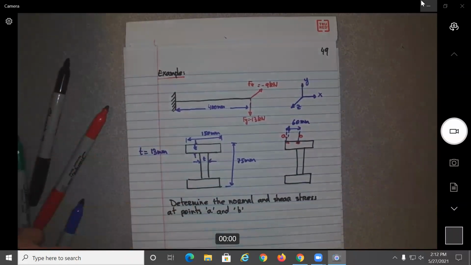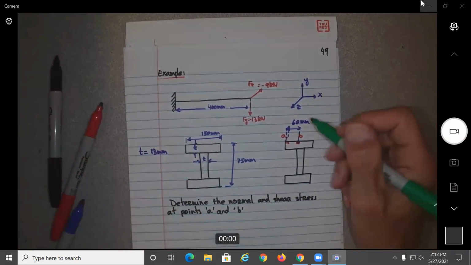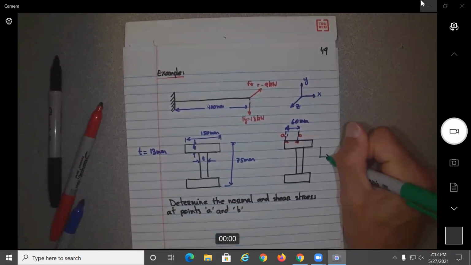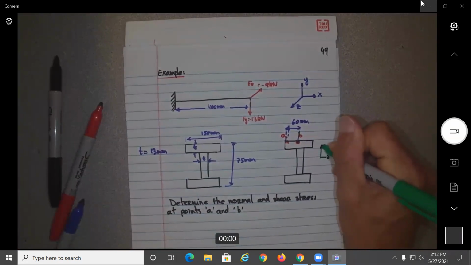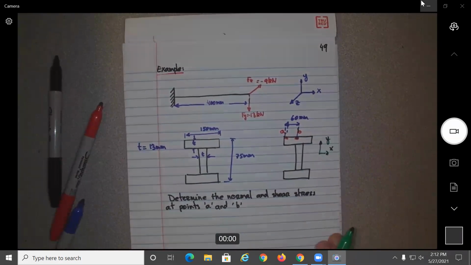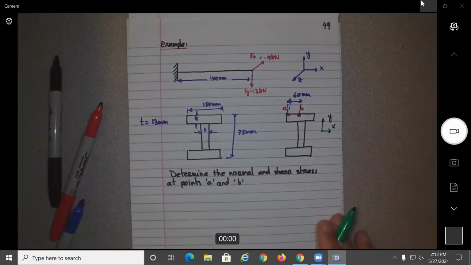And let's see, if we want to be accurate, what should be the coordinate system here? This should be X and Y. Yeah, okay. I think it's Y. Oh, yeah, sorry, I was looking at it.